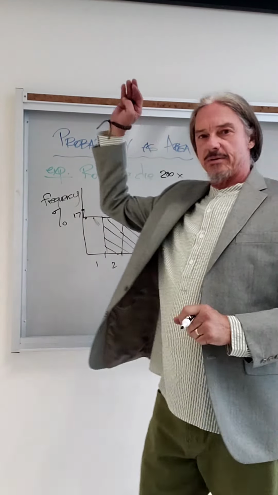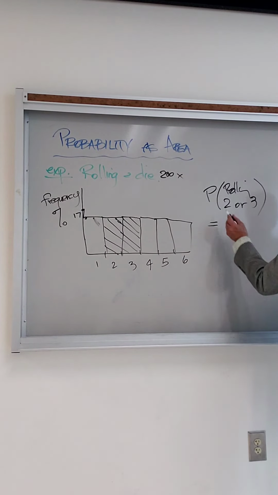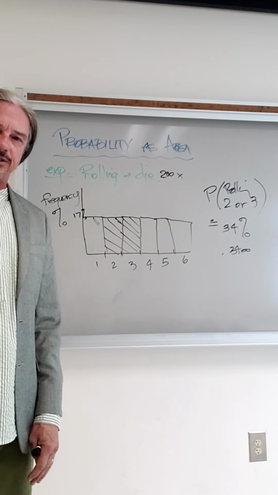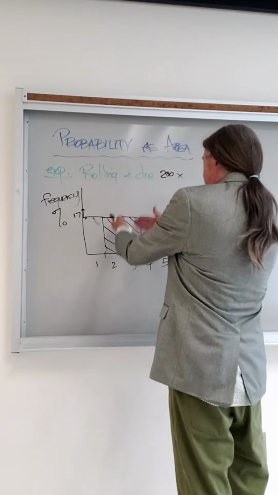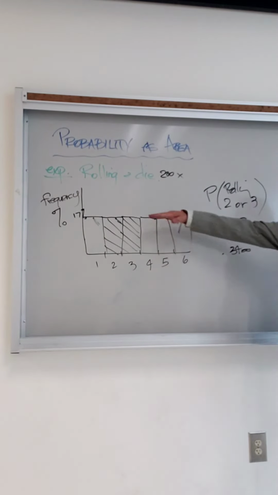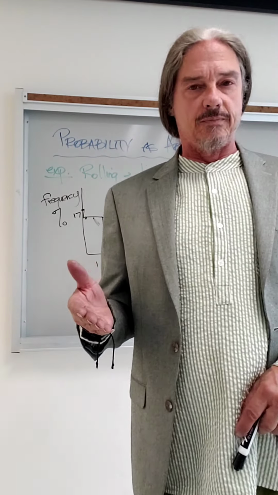So if we added up the area, we would get the probability, which would be about a 34% chance, so 0.3400, about. How did I get that? Well, they're all about 16, 17% chance. So 2 of them, any 2, we would add up the area, and the area under that graph would be the probability.